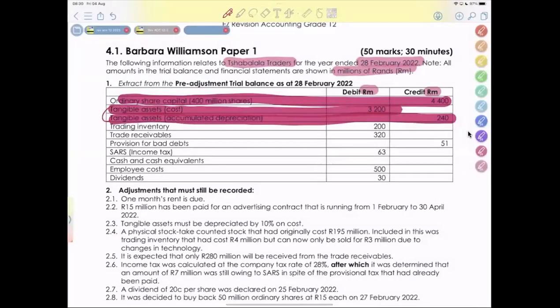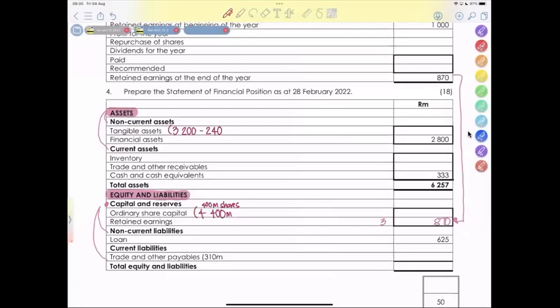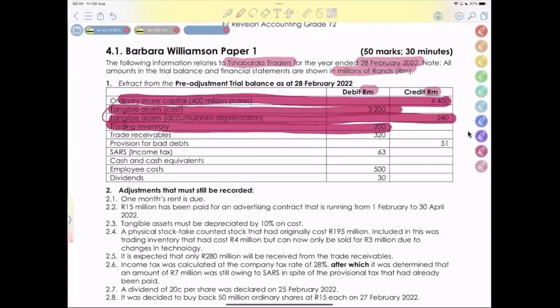We're then given trading inventory. Trading inventory is a current asset of 200. So over here, we can show 200. We're then given our trade receivables and provision for bad debts. Again, we would want to show those together because they both relate to the same item.